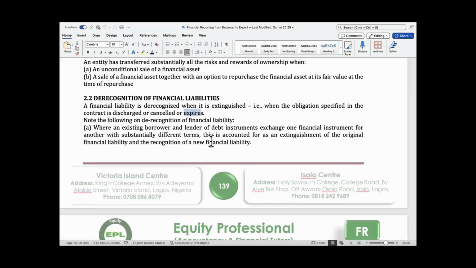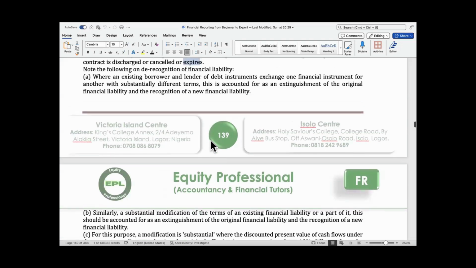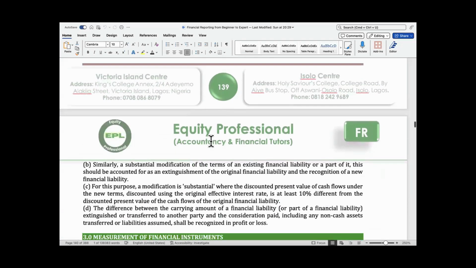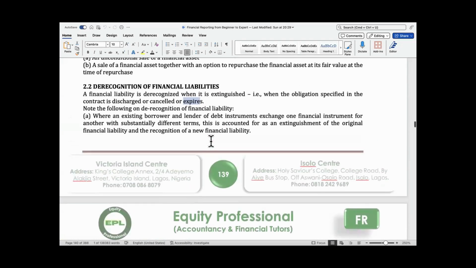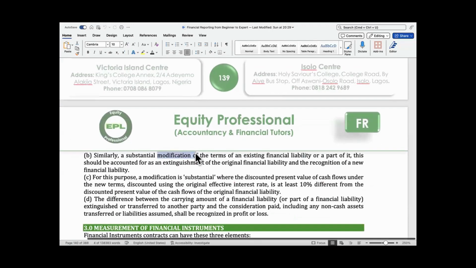And when it comes to derecognition, there are some things I'll just gloss over. We really don't have to pay so much attention to this part, but since it's in my notes: it's possible to exchange one financial instrument for another. When you exchange, the one that is leaving your hand, you derecognize it as an extinguishment. Also, it's possible to modify the terms of a liability.